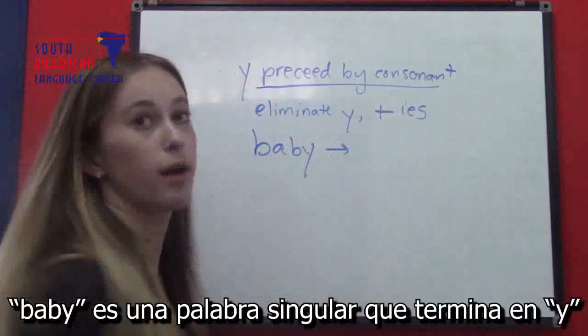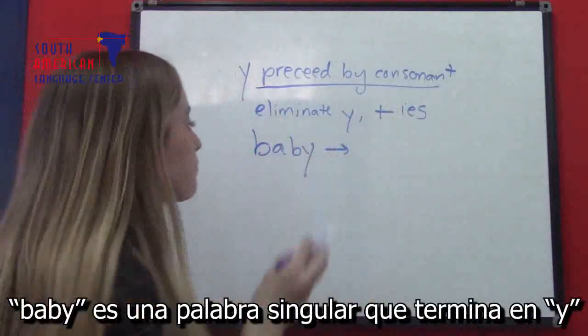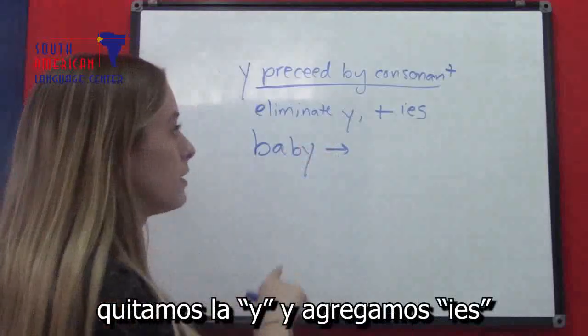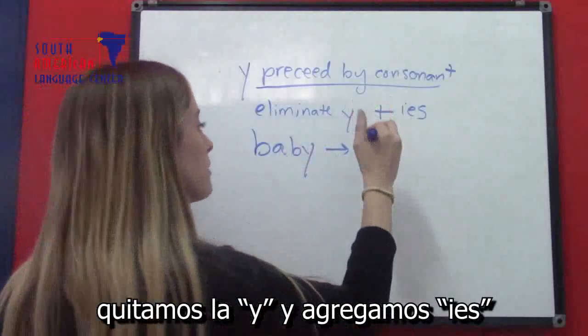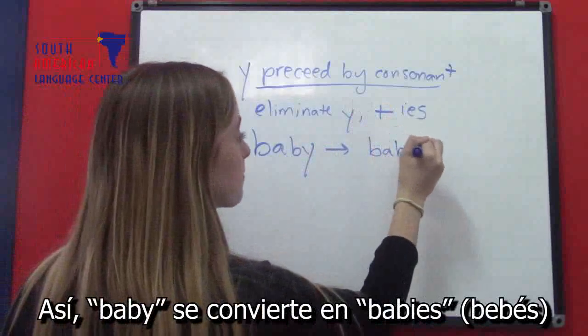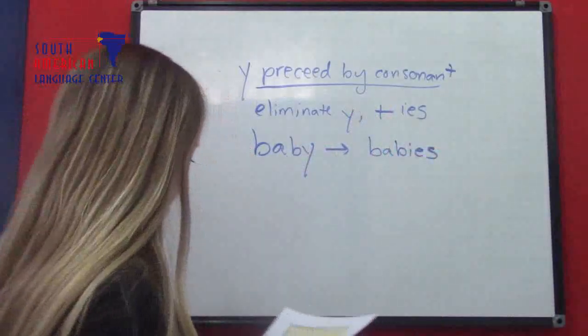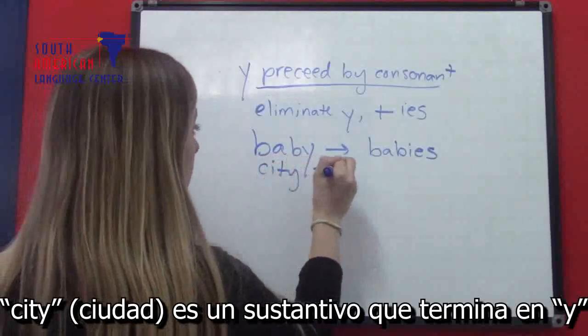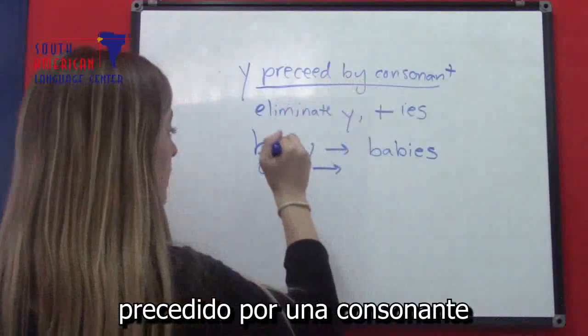So for example, the word baby. Baby is a singular word that ends in Y. So to make it plural, we take away the Y and we add IES. So baby becomes babies. City is a noun ending in a Y preceded by a consonant.